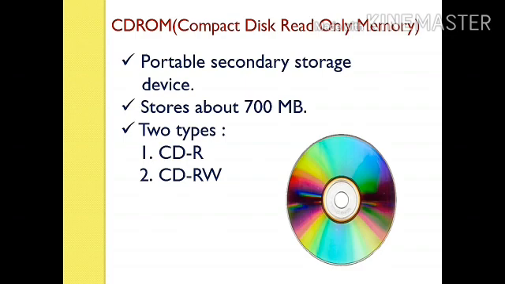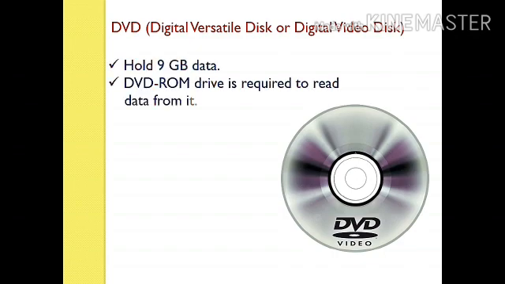The next storage device is DVD. The full form of DVD is Digital Versatile Disc or Digital Video Disc. It is very similar to a CD but can store much more data.